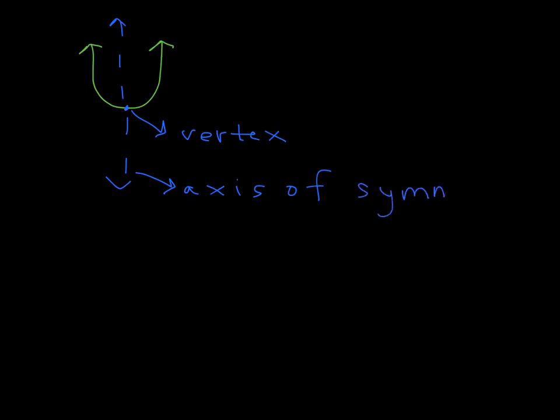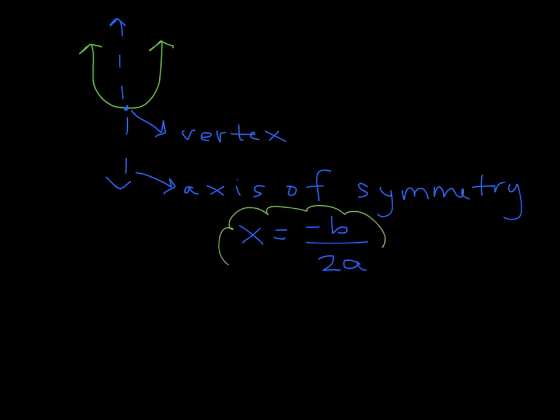Today, as we were doing this, I taught you that you could calculate your axis of symmetry by using the equation x equals the opposite of b divided by 2 times a. This formula not only gives me the axis of symmetry, but it also gives me the x-coordinate of my vertex, which we also calculated today.